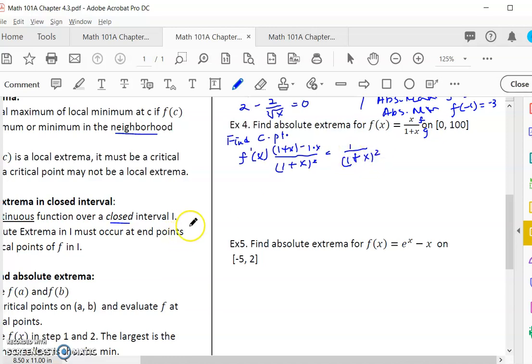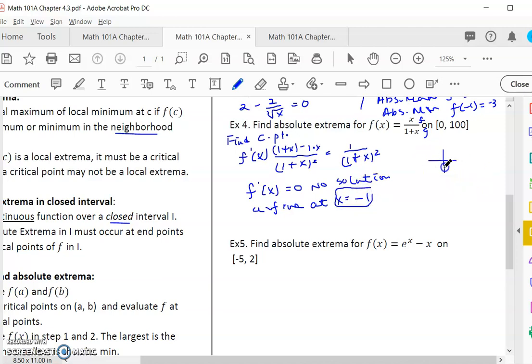Okay, so let's figure it out. f prime of x is equal to 0 at the critical point. So, is there any undefined first? There's no solution because 1 over (1 plus x) squared cannot equal 0, right? But what is undefined? Undefined at x equal to -1. So this is the only critical point, right?